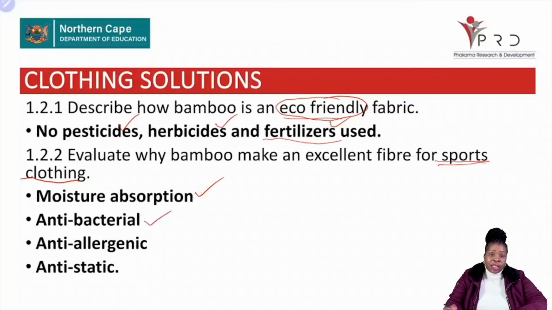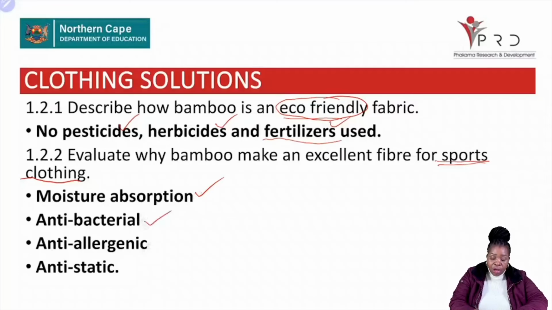Most of the time our underwear and our socks are made out of bamboo because of its antibacterial characteristics. There is a lot of bacteria that grows on the sock, also on our underwear. So it makes bamboo suitable for sport.